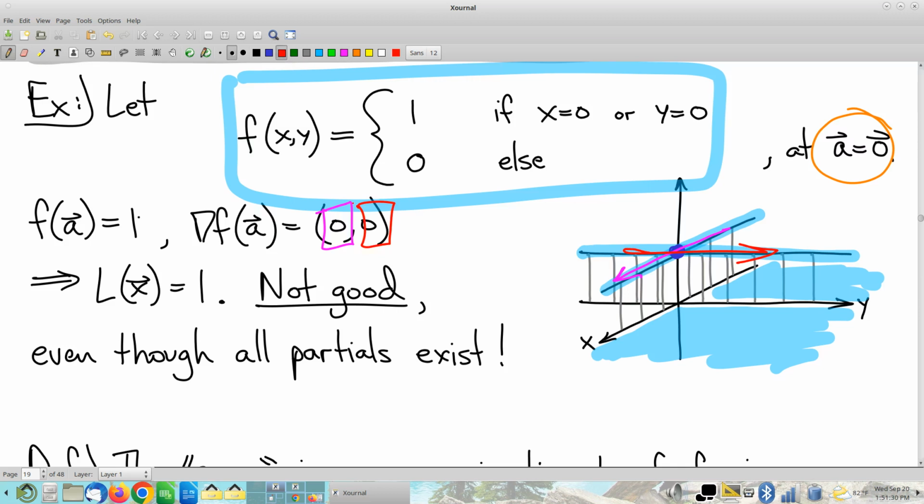Everybody good? Okay. So with the value of the function at that point being 1 and the partial derivatives both being 0, I can write down my linear approximation, and my linear approximation is, let's see, I have not used my colors prudently here. There's my linear approximation. The value of the linear approximation is just flat 1. And I can draw that on this picture.